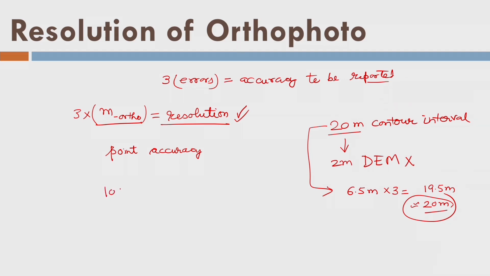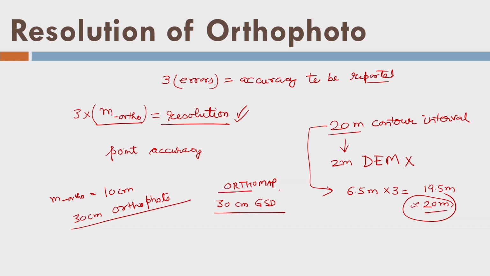Let us say 10 centimeter is M ortho. Generate a 30 centimeter orthophoto, and with this 30 centimeter orthophoto, you can do whatever you want in the field. That means the ortho image is of 30 centimeter GSD.